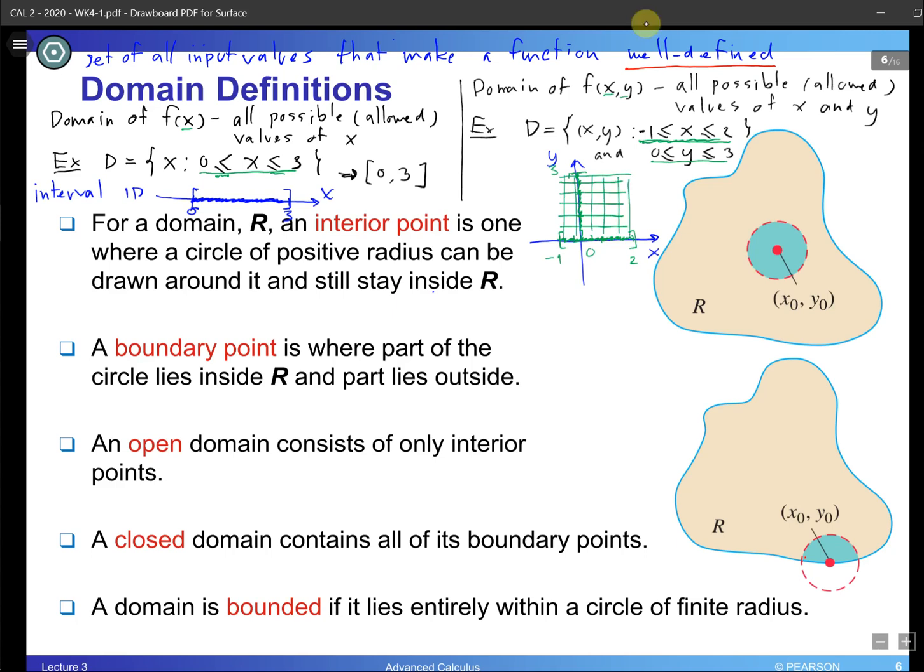So in the end, we end up with this rectangle that represents this domain set. All these points satisfy the conditions for this set. So when you see a shape like this, we usually call it a region in 2D. And it's going to be a little bit different from the interval in 1D. Alright, so we have one more dimension here.